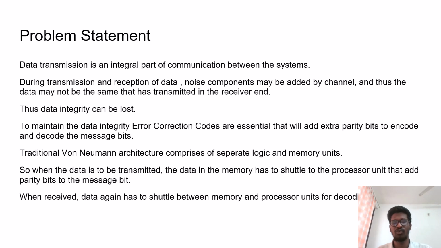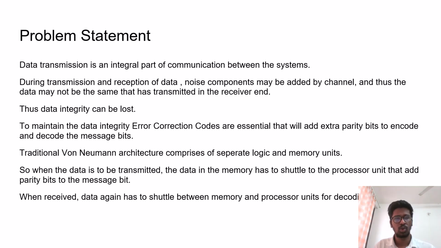Traditional systems follow the von Neumann architecture, which has a separation between the memory unit and the processing unit, which means whenever you want to encode or decode data, the data has to move back and forth between memory and processor, and this constant shuttling of data access causes delays and increases power consumption and complexity.